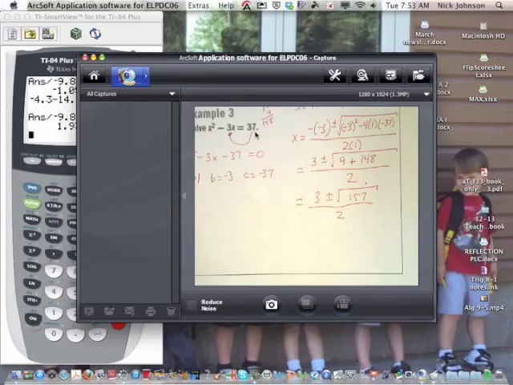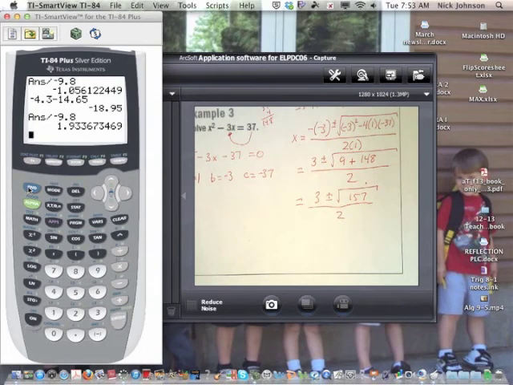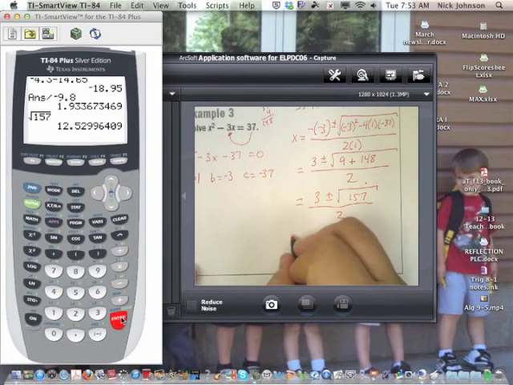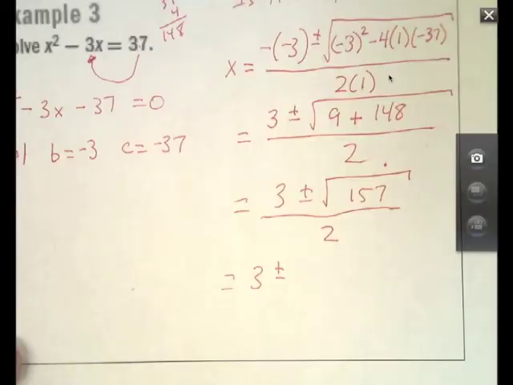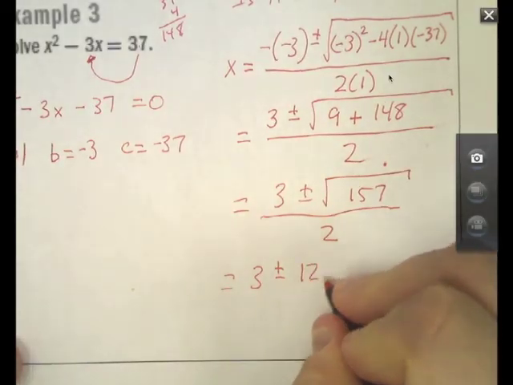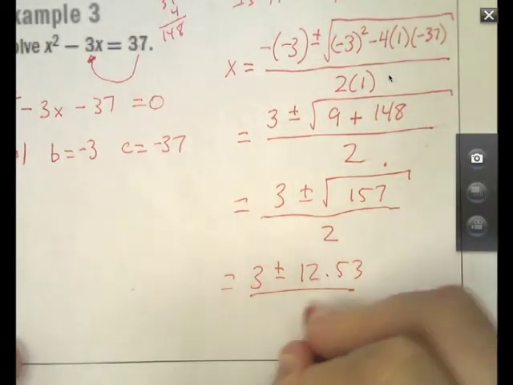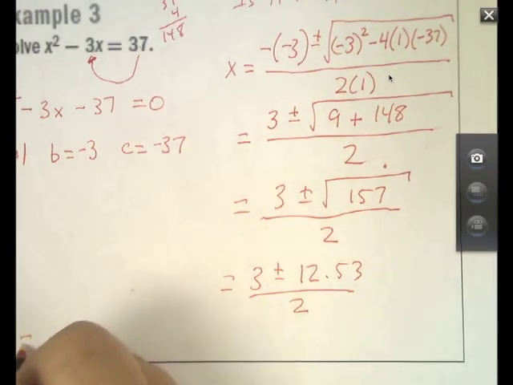So I'm going to go to my calculator. Square root of 157 equals 12.53. So this is going to equal 3 plus or minus 12.53 divided by 2.